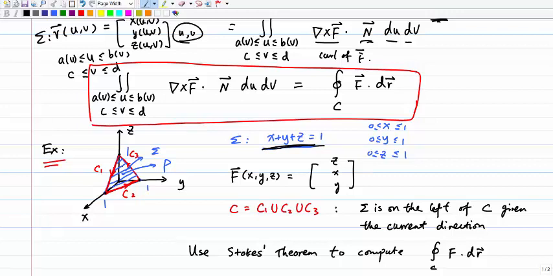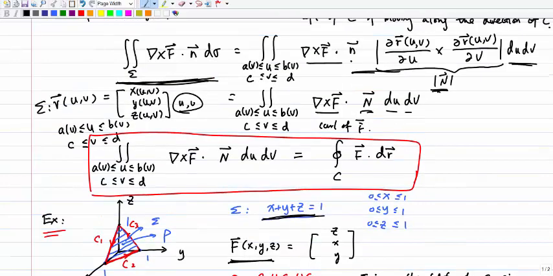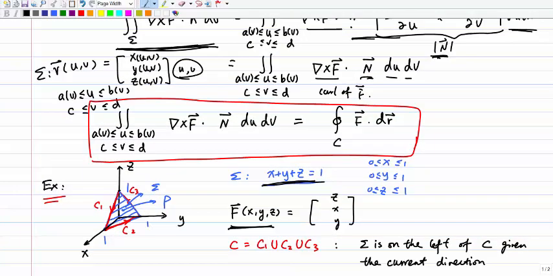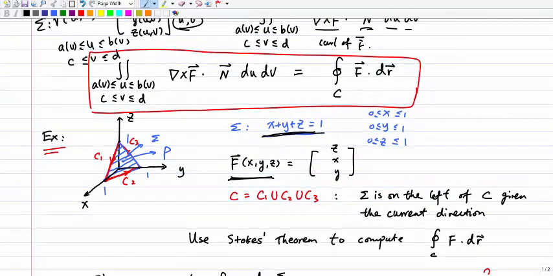It's given here by the blue line, and the vector field is defined as f. Remember I have a vector field f over here, given by z, x, y. Which means the first component is f1(x,y,z), then f2(x,y,z), and f3(x,y,z).